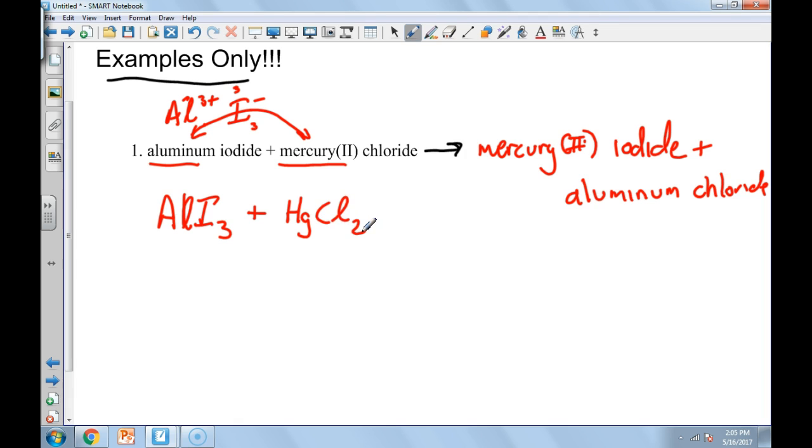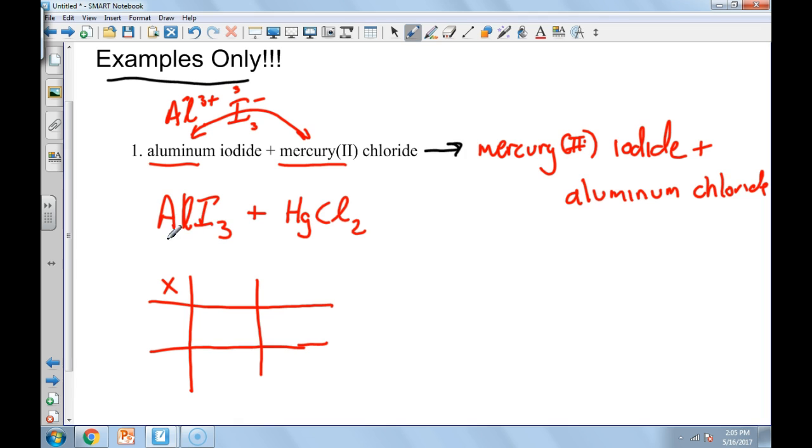Now, the thing to keep in mind is that the metals are going to switch. So however crazy this is, I kind of refer it back to Punnett squares, even though it's not really a Punnett square. It's what I think people know from biology.